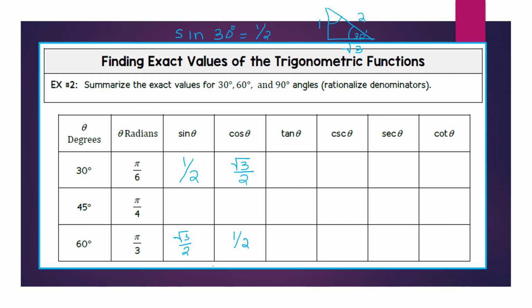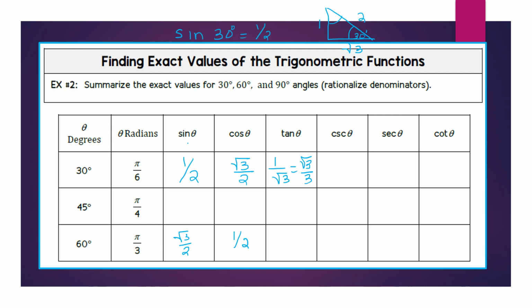And if I know these two values, then I know everything else, because I know how to define these functions in terms of sine and cosine. For tangent, if we do sine over cosine, we're going to get 1 over the square root of 3, or root 3 over 3.